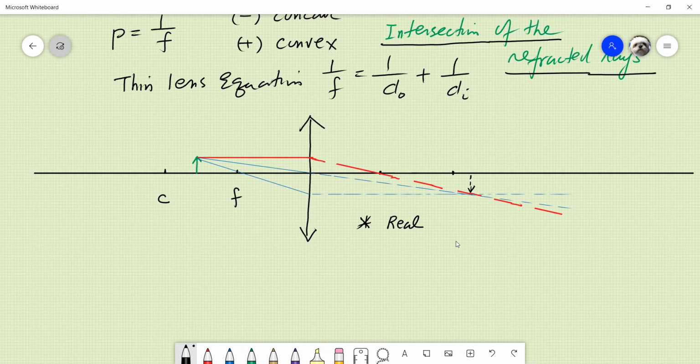Remember that with a mirror, you form a real image when the image is on the same side as the object, right? But for the lens, that will be exactly opposite. The lens is gonna form a real image when the image is on the opposite side of the object. Is that right?